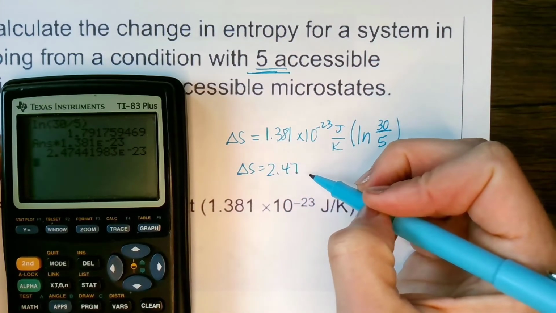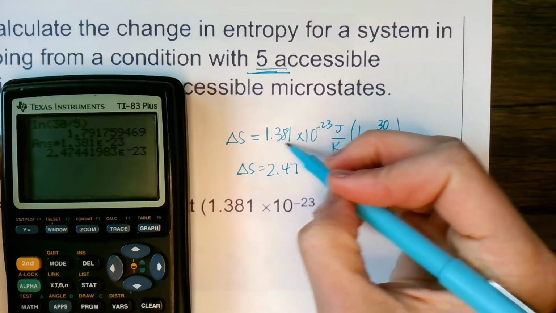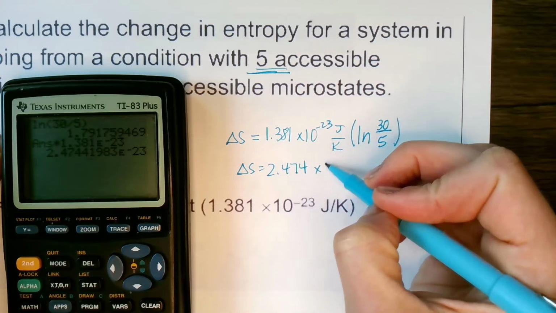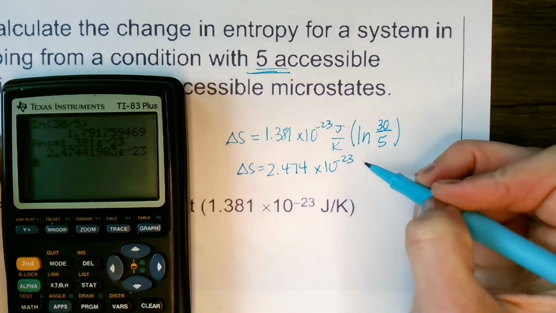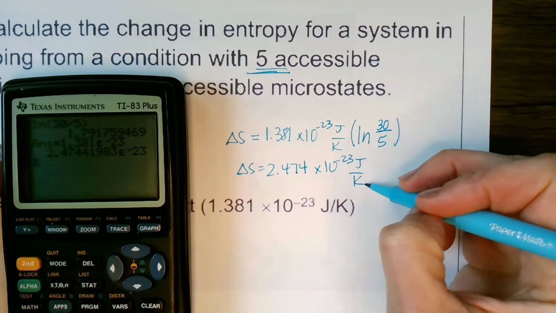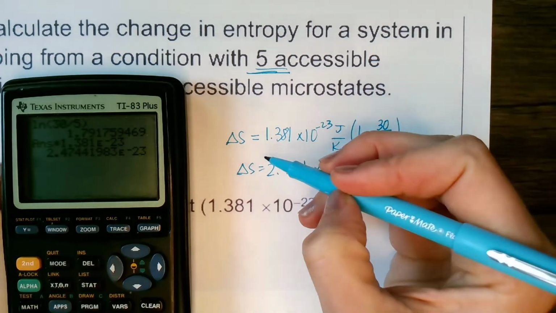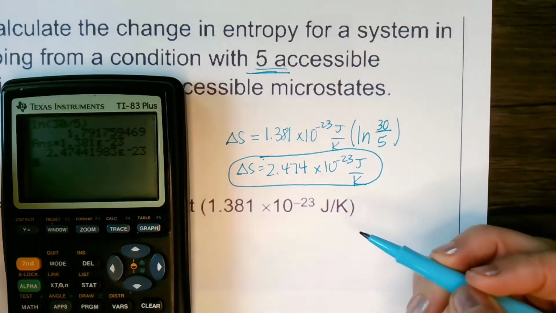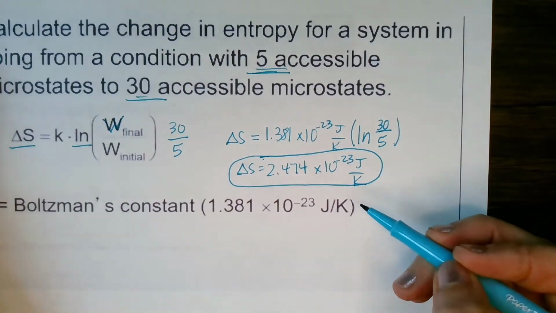And I got 2.47, so delta S, we'll go to 3 decimal spots since that's where Boltzmann's constant is, 2.474 times 10 to the negative 23rd. And remember that that's in joules per Kelvin.